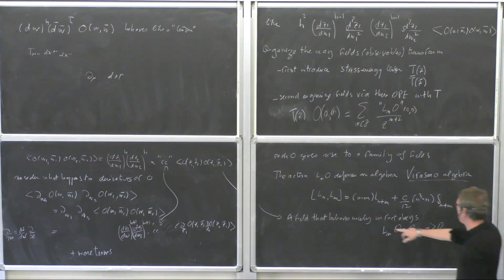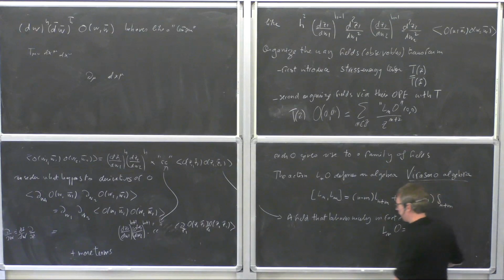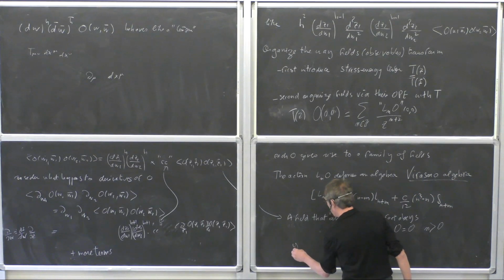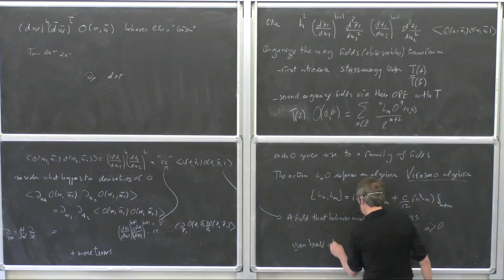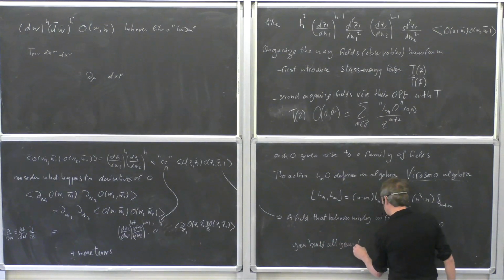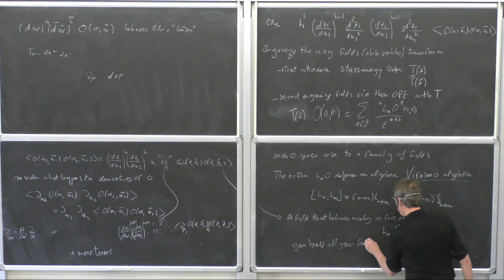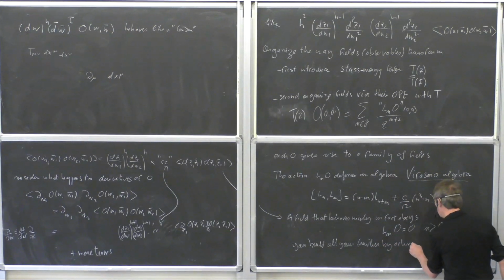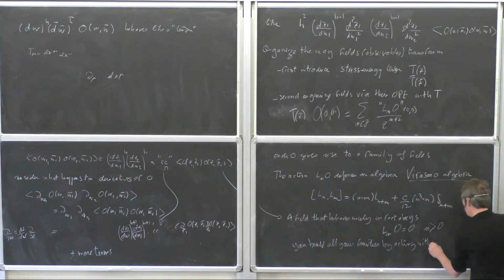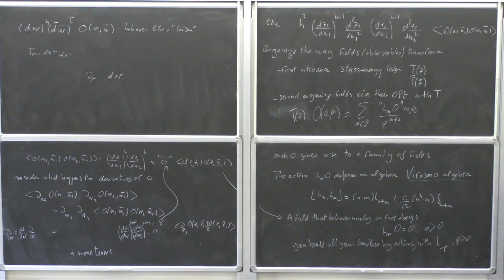So a field that behaves nicely obeys this, and then you build all the families of fields by acting with L minus P, where P is positive, and you create more fields starting from your first field.